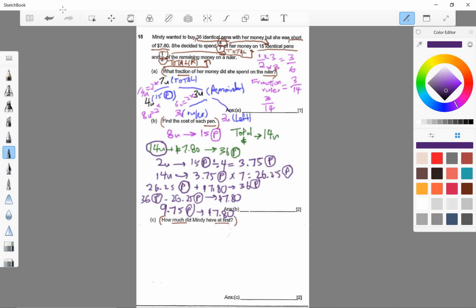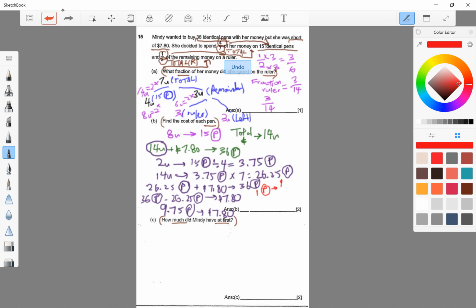And my very last step will be this, to find one pen. So 1 pen has got to be 780 divided by 9.75.